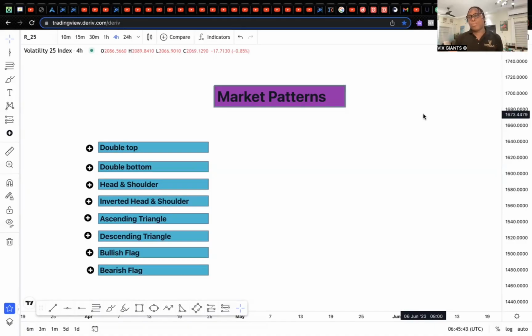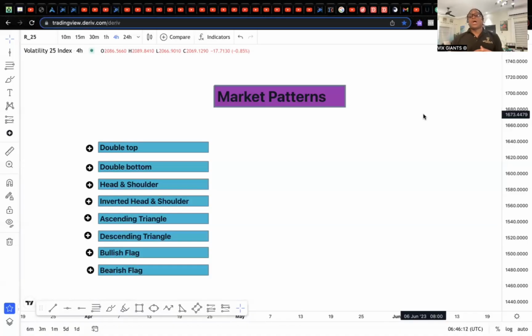So we have two main types of market pattern. You have what is called a reversal market pattern or a continuation market pattern. With a reversal market pattern, usually if the market is moving in an uptrend and we see those types of patterns start to appear, then we can expect a reversal from an uptrend into a downtrend.